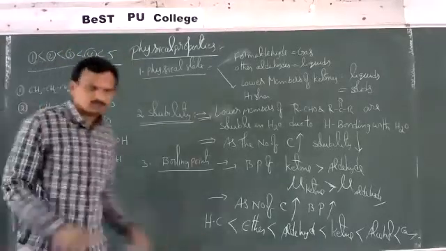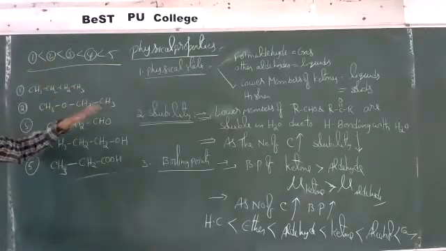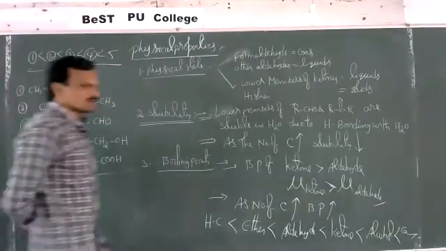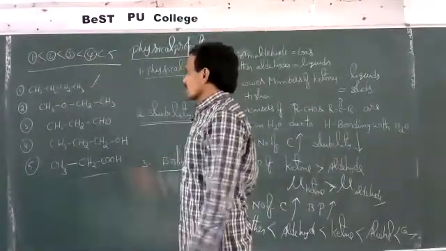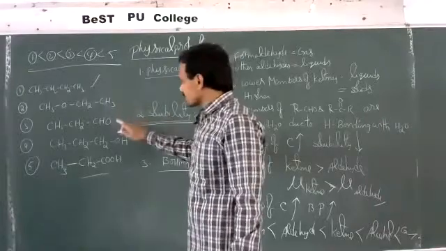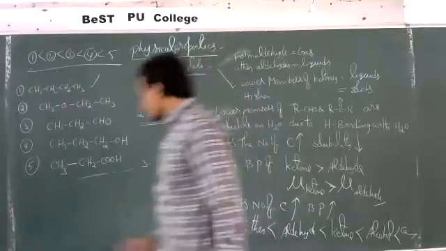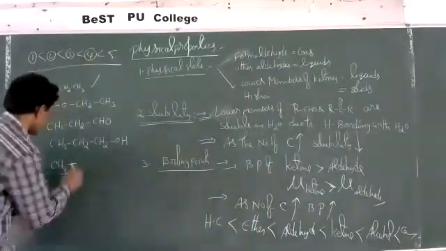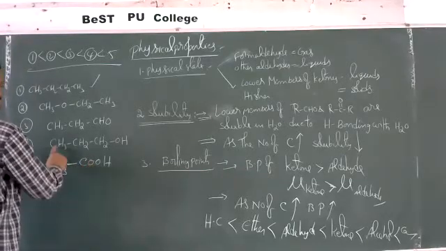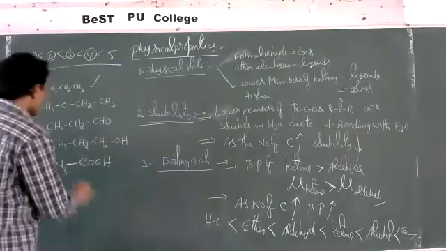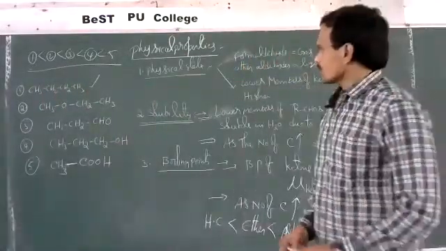That is, hydrocarbon is less than ether, less than aldehyde, less than alcohol, less than carboxylic acid. This is CH3CHO, with nearly similar molecular mass. So this is regarding the order of boiling points.